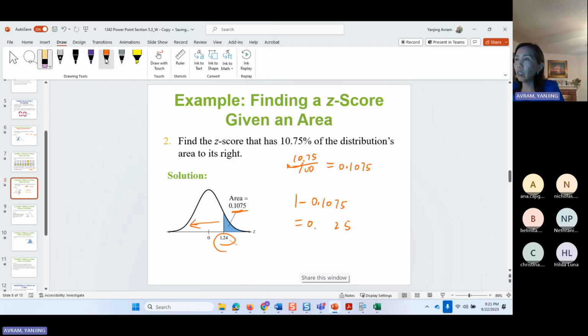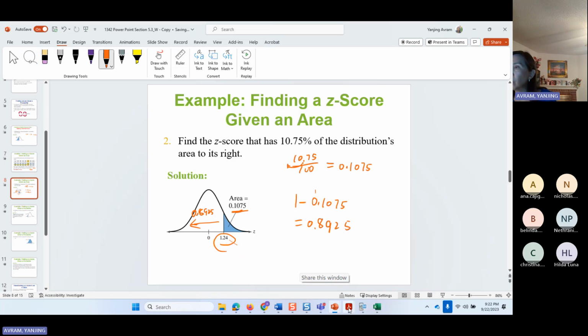So that's 0.8925. You can use a calculator if you need to. I just didn't open a calculator, I was trying to do that by hand. Okay, so that is the area to the left.